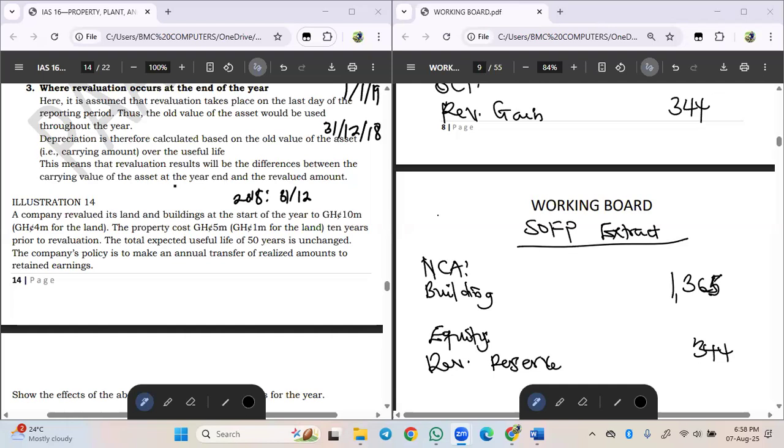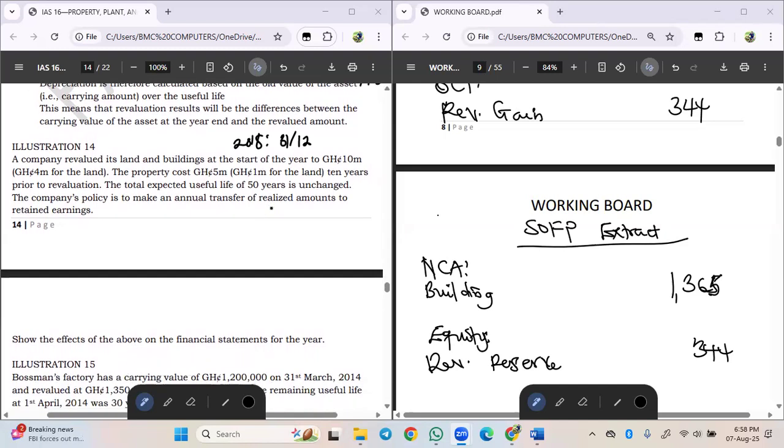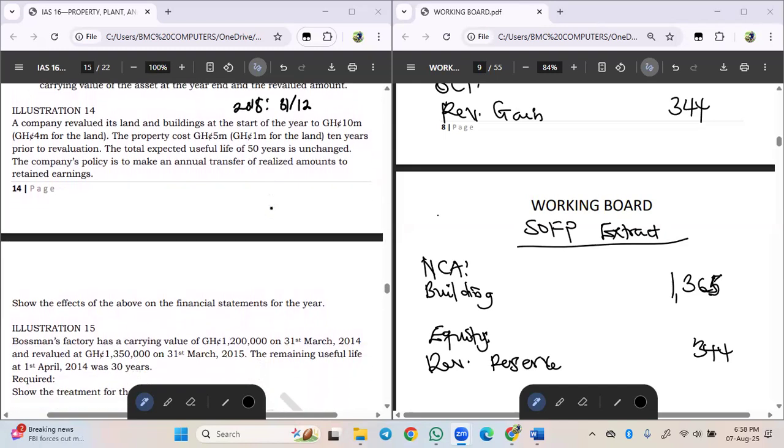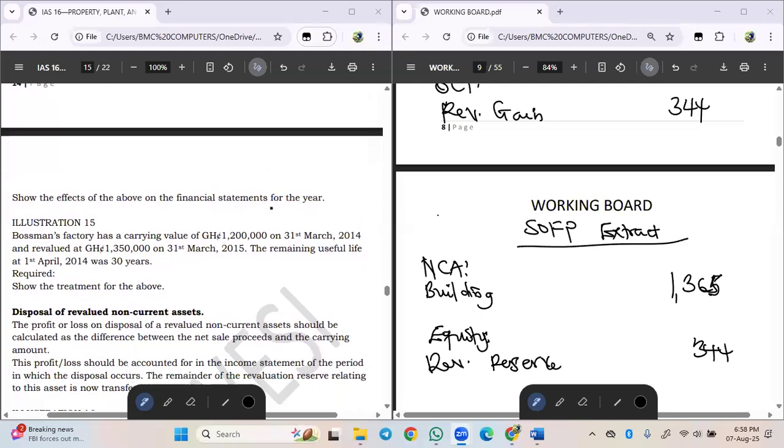When preparing your statements of financial position as at that date, which amounts are you using? Are you using the revalued amount or the carrying amount? Come again.